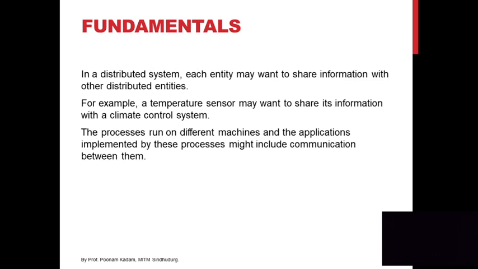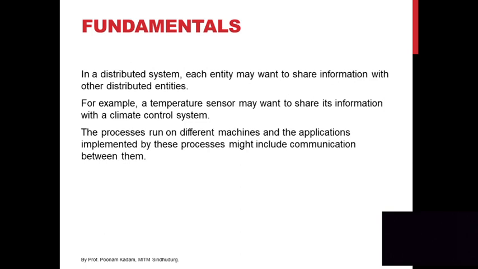So if any user submits his task on one machine for execution, it may get migrated to another machine, or data may get transferred from one machine to another machine for execution. So this is the basics of a distributed system.